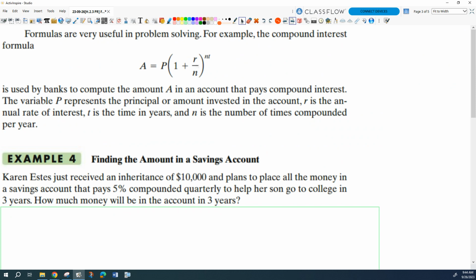What does that mean? Everybody know what, when they talk about compounding interest, what does that mean? If you put money in the bank, what happens? You put money in a bank account, they save your money for you, but they also pay you a little bit of interest for the value of having that money invested in their bank, right? So what does compounding mean? Anybody know? Okay, yeah.